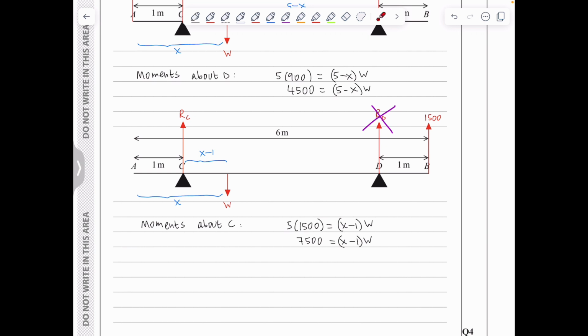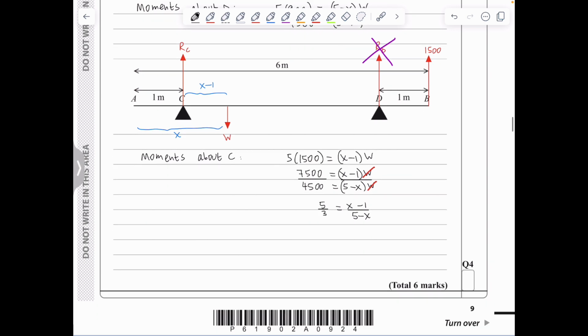Now recall that we have already established another relationship between X and W here, so I can write one below the other. So 4,500 is equal to (5 minus X) times the W. Now I can divide each of the sides, and we've got that the W cancel out, and therefore this leads to 5 over 3 is equal to (X minus 1) over (5 minus X).